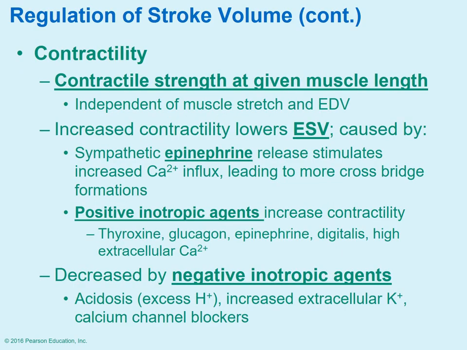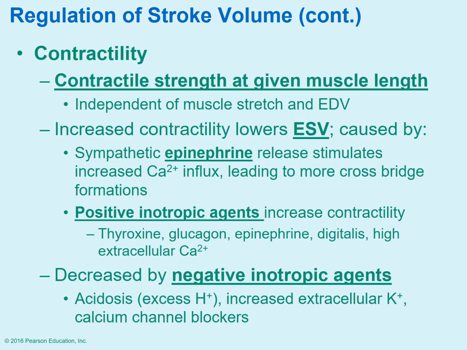Contractility is the strength at any given muscle length. What is that? Contractile strength of it. Sympathetic epinephrine releases. When it's released, what it's going to do is help to stimulate the influx of calcium, which leads to more cross-bridge formation. Basically, it increases the contractility.